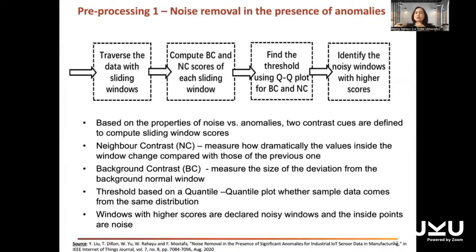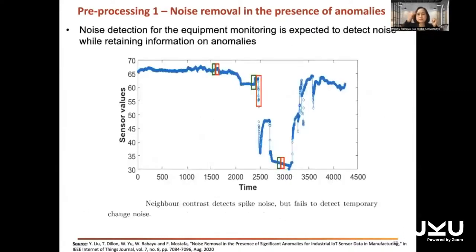In other words, we cannot expect a machine that is already 10 years old to behave exactly like a machine that is brand new. The normal threshold changes slightly, so we have to keep updating our background contrast threshold as well.